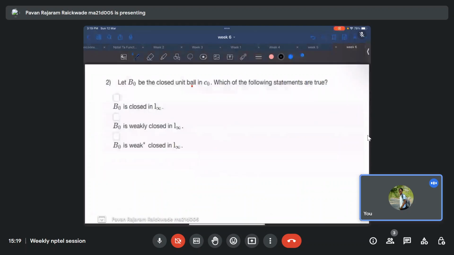Okay, so question number 2, where B naught is the closed unit ball in c naught. Here c naught is the space of all sequences which converge to 0.